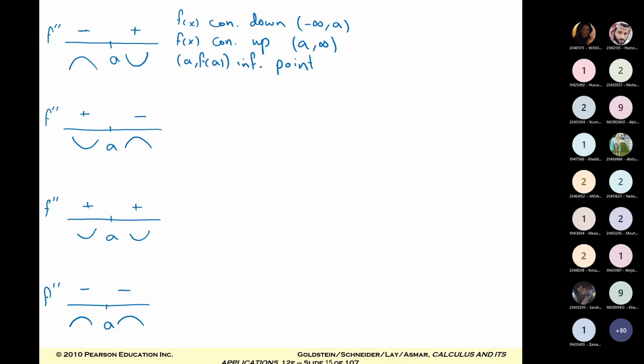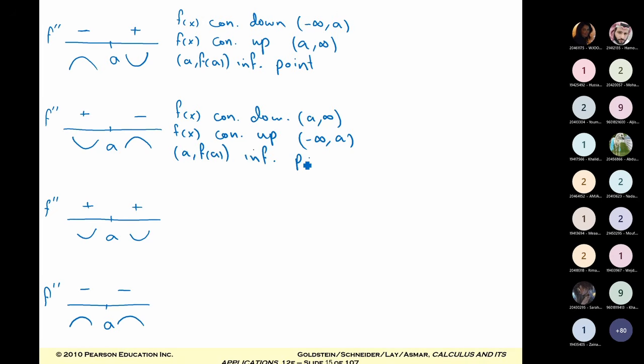Okay, from the second case, we can conclude f of x is concave down from A to infinity, but f of x is concave up from minus infinity to A, and A and f of A is an inflection point.